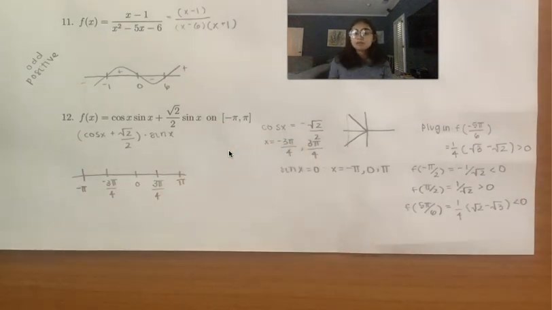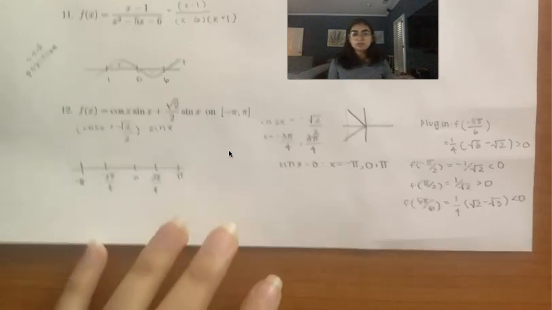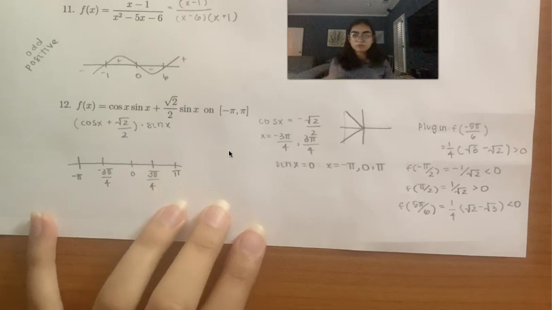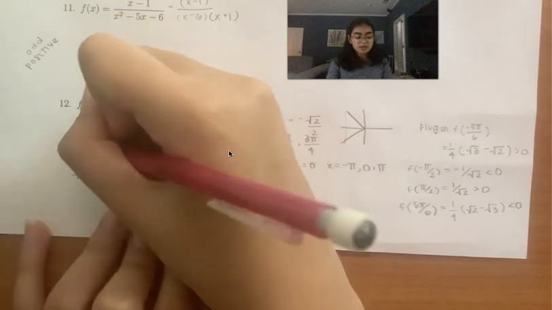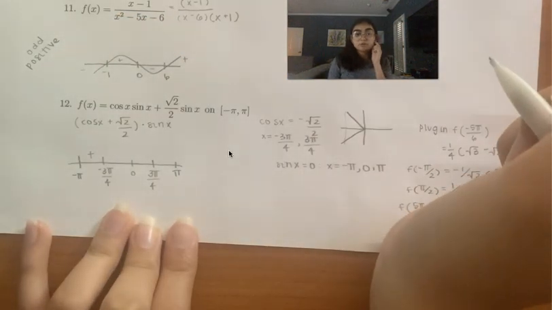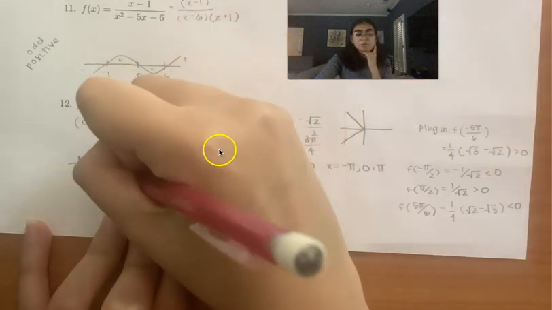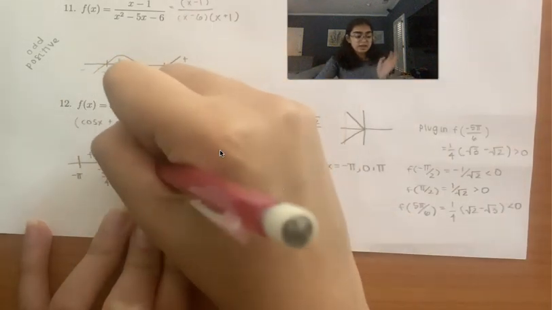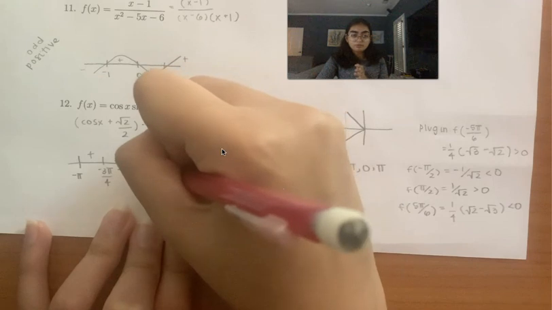So now that I've plugged in values between each of the intervals, I can jot down where this function is going to be positive and negative. Since negative 5 pi over 6 was positive, the function is going to be positive between negative pi and negative 3 pi over 4.